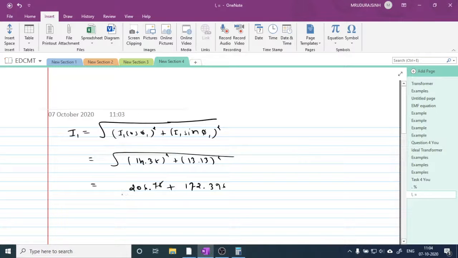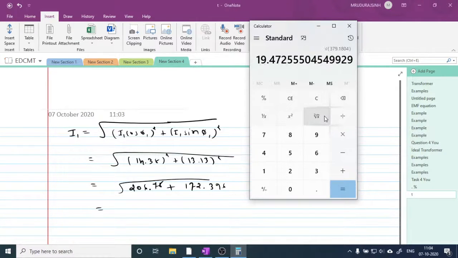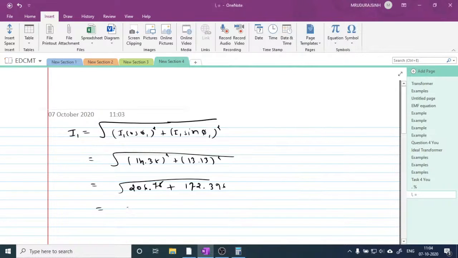Plus 172.396, so 379.18, and under root of this gives us 19.47. So 19.47 ampere of I1 current will flow.